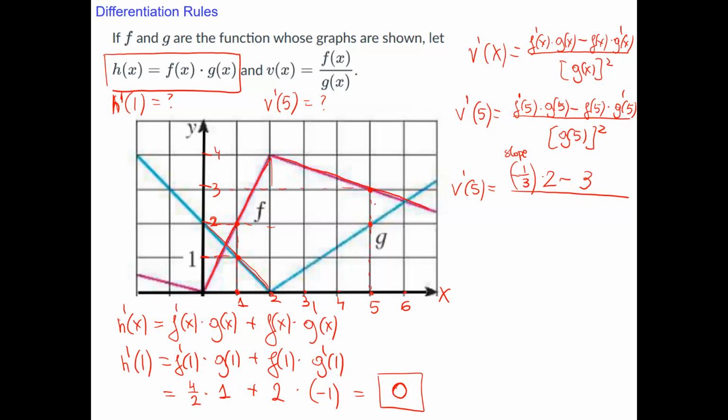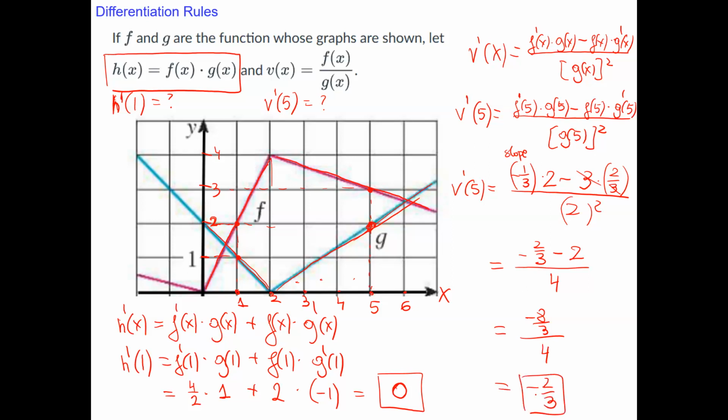And g prime at 5 is the slope of this line, which is 2 over 3, positive because of the line. And the value at g is 2. We will square it. Okay. Negative 2/3, negative 2, because this can be cancelled out, 4. What we can do, we can say 6, 7, 8, and negative 2/3.